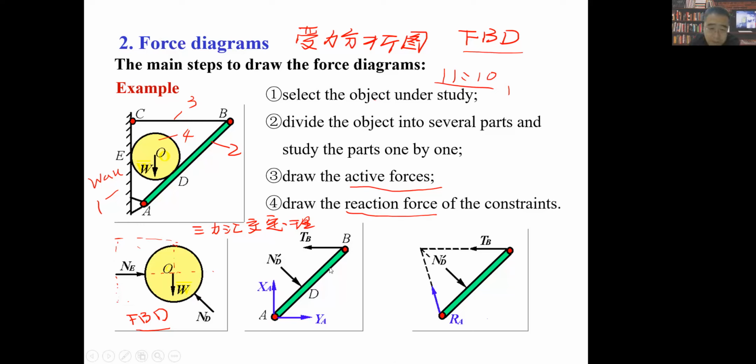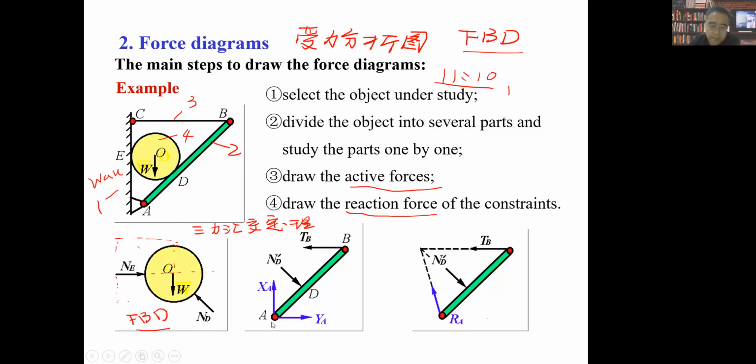Actually, for this body, YA and XA can be treated like 2 forces. We can use one resultant force to replace these 2 forces, because XA and YA have a common point here, right?